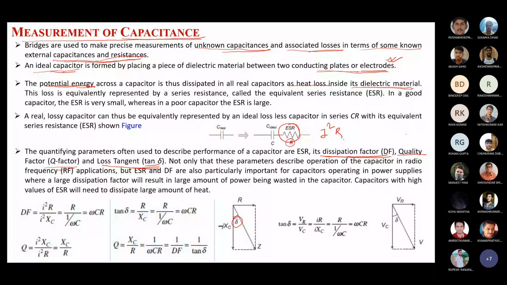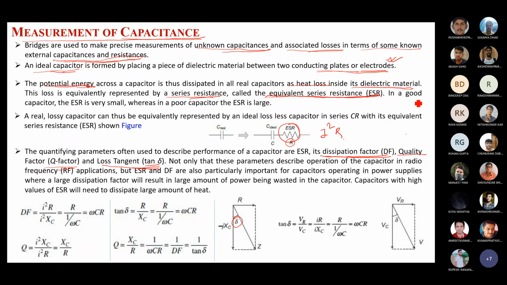This loss is equivalently represented by a series resistance, called the equivalent series resistance, ESR. Just like an inductor, a capacitor also has ESR.